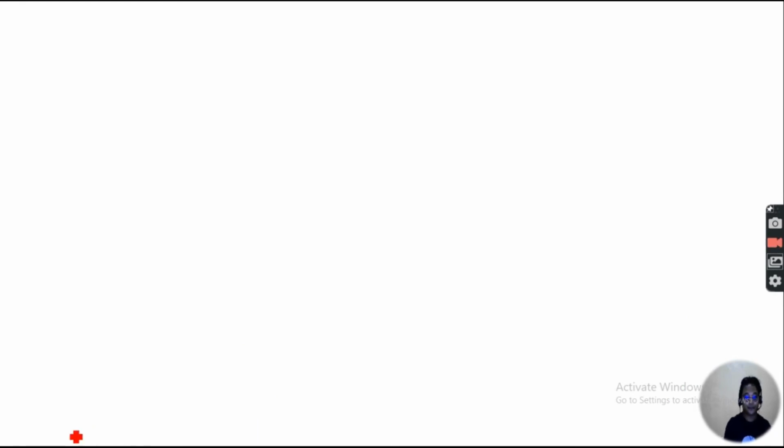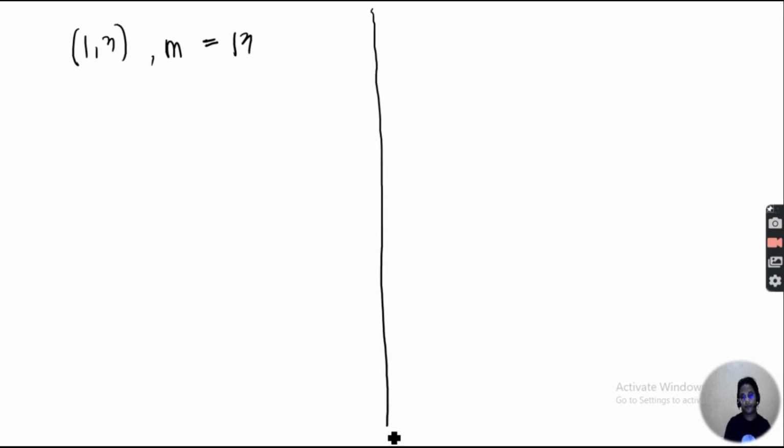So, we have at point (1, 3), the slope is 13. And at point (1, 2), the slope is negative 8 po.